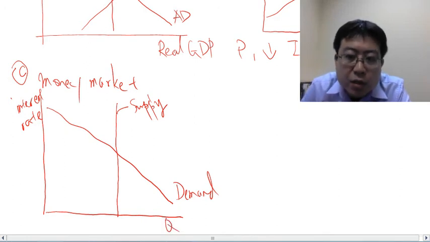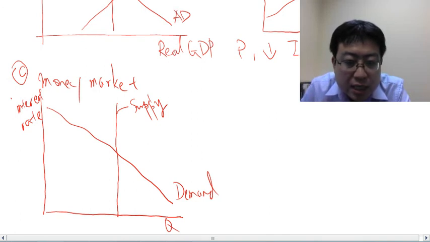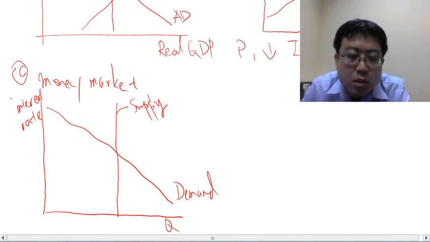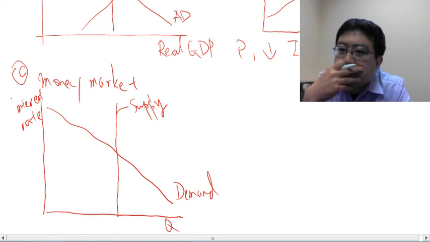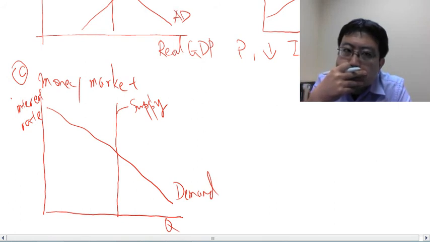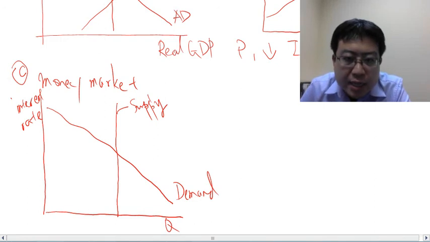Okay, so when government sells more bonds, that's taking cash away from our consumers.